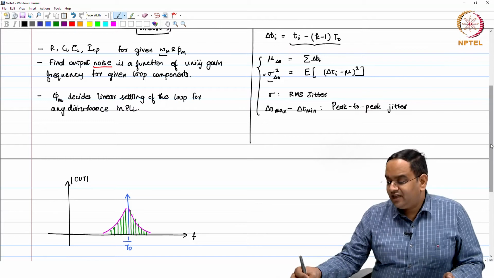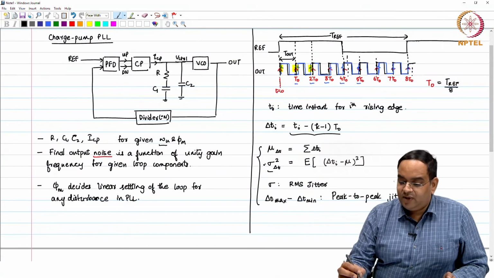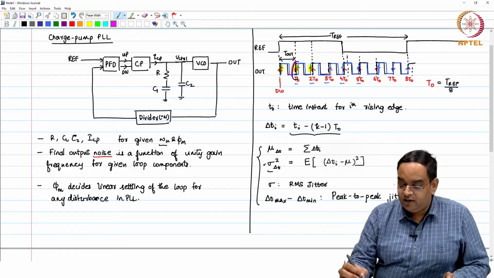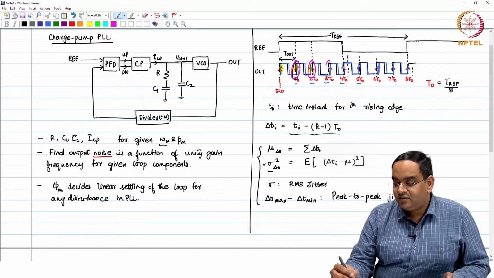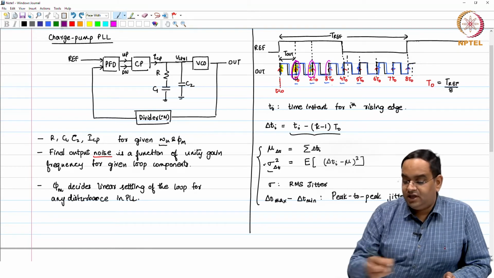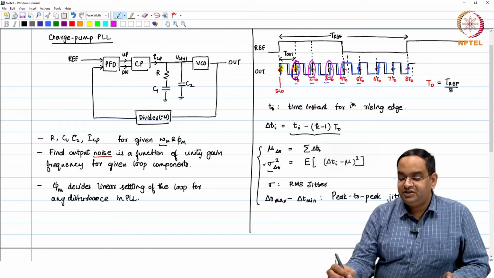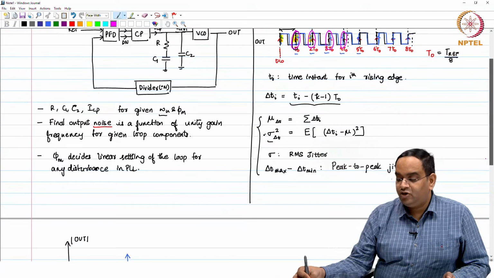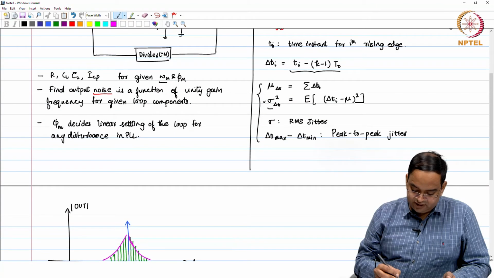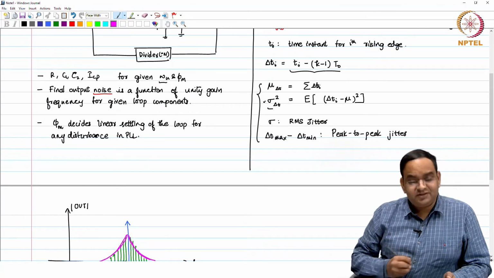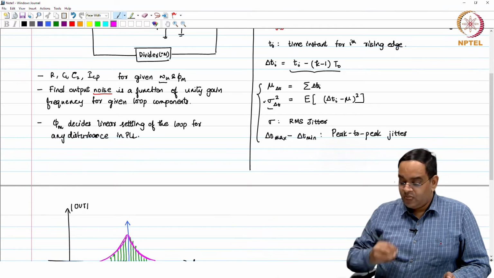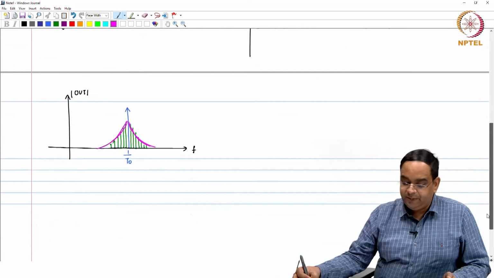To understand further, you can think that these disturbances are not very high frequency disturbances, they are relatively low frequency disturbances with respect to your clock, and that is what you see as a kind of skirt around the main tone. So, that is how you see the voltage spectrum.